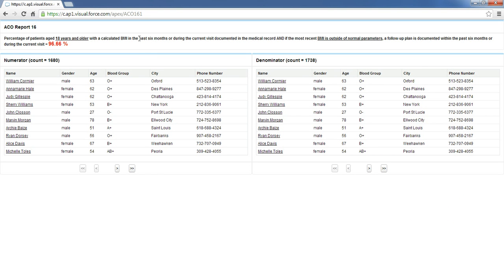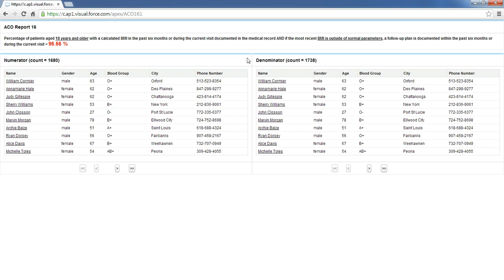So this quality measure gives us the percentage of patients aged 18 years and older whose recent BMI is outside of normal parameters. Out of 4,000 patients, which is the total number of patients in this application, there are 1,738 who are aged 18 years and older and who have a recently calculated BMI, out of which there are 1,680 patients having BMI outside of normal parameters.